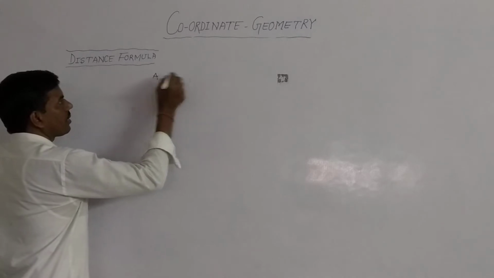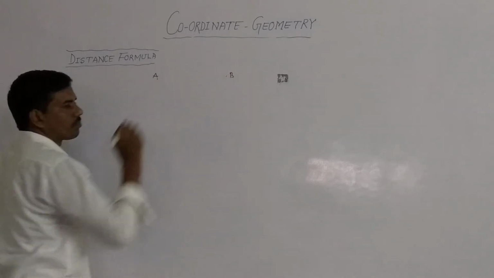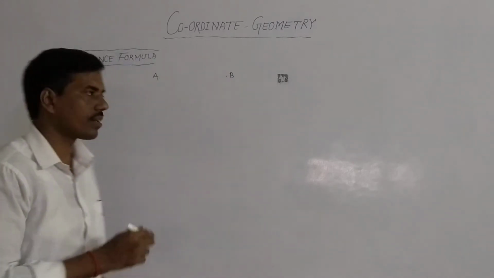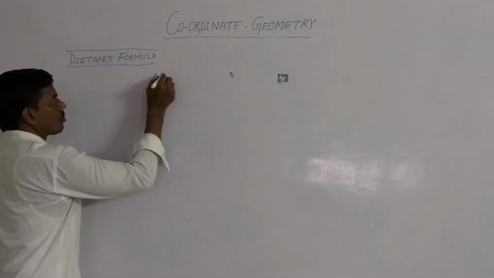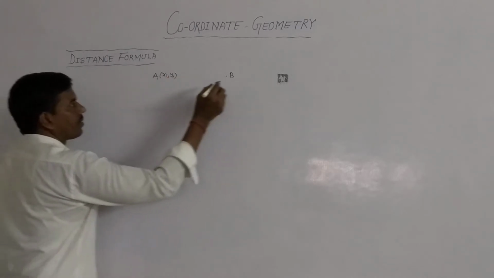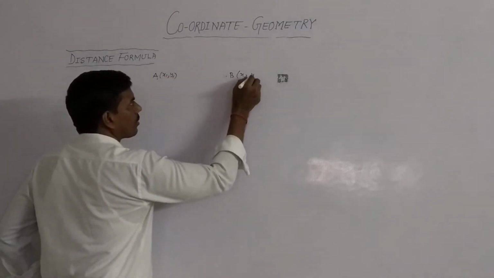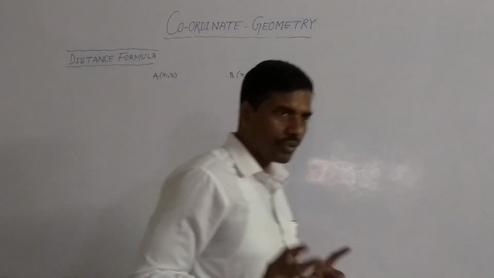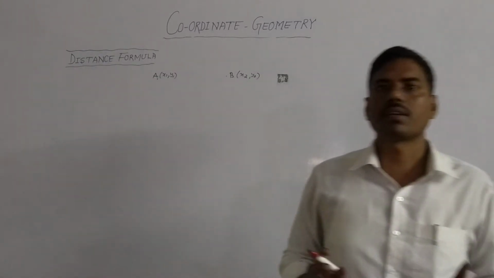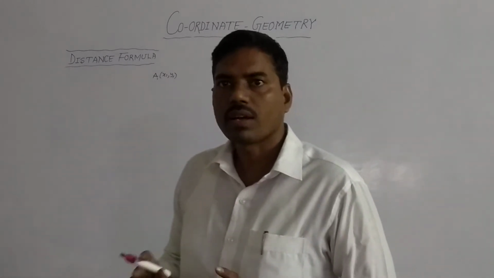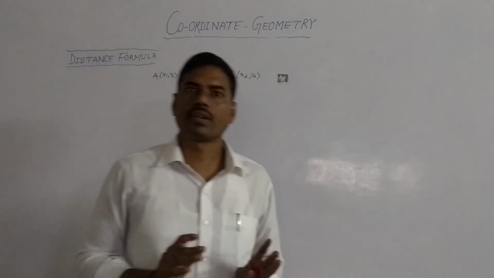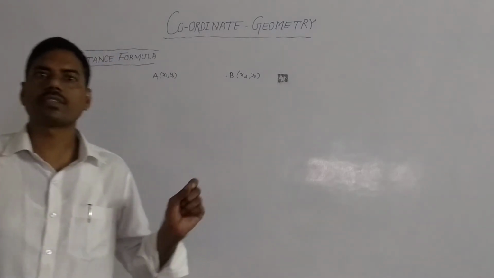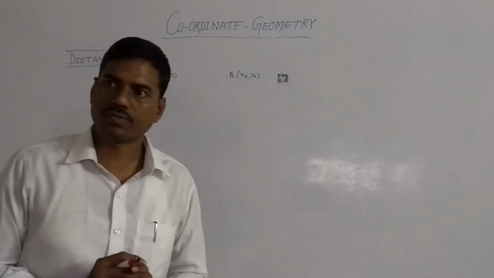The first point is A and the second point is B. The coordinates of these 2 points are x1, y1 and x2, y2 respectively. We have to find the distance between these 2 points.